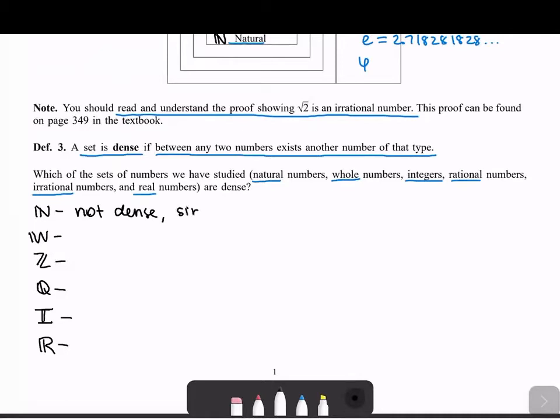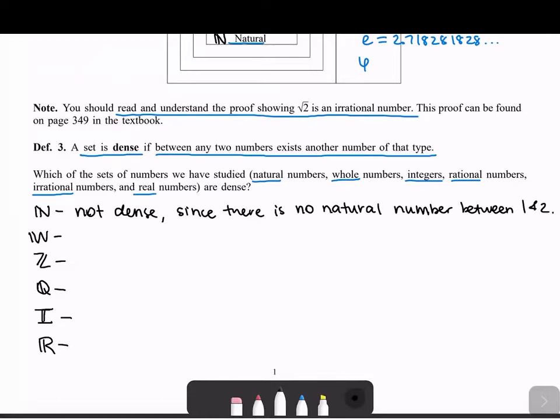So the natural numbers are not dense because there is no natural number between 1 and 2. Okay, no natural number between 1 and 2. So what about the whole numbers?